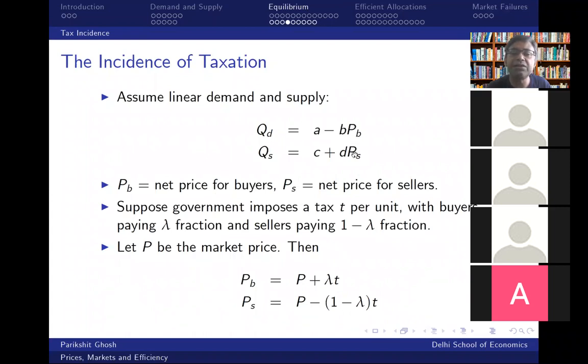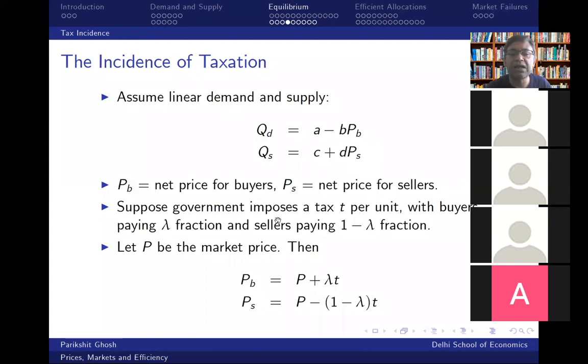We are writing the price with a subscript. That's because when there's a tax, there's a divergence between the price that buyers pay and the price that sellers receive, right? There's a wedge between the two because of the tax. So we have to talk about these two separate prices. PB is the net price, net of taxes, for buyers. PS is the net price for sellers, yes?